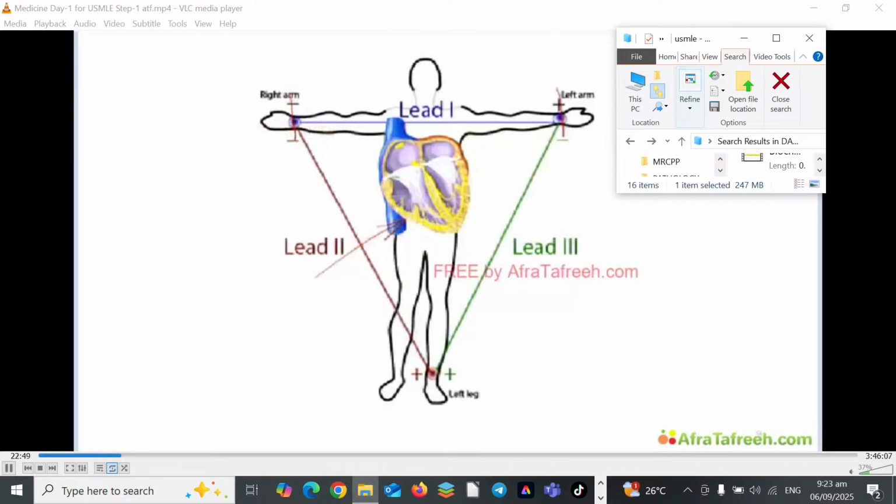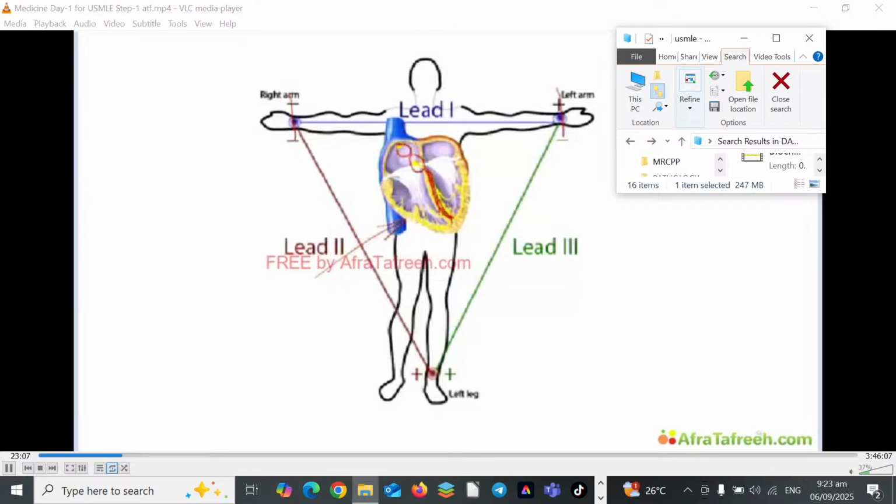So what you're trying to say is, if your heart is kept this way and here is your SA node, and it goes down to your Purkinje fibers, it starts from here, that is your SA node. This is what your electricity is going to be and this is how your current is going to flow.